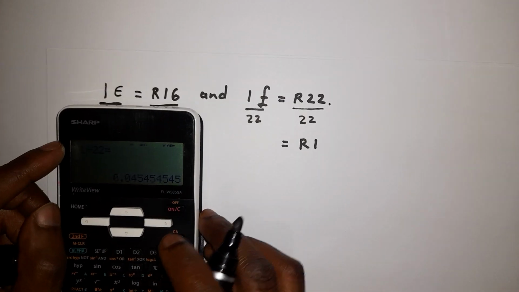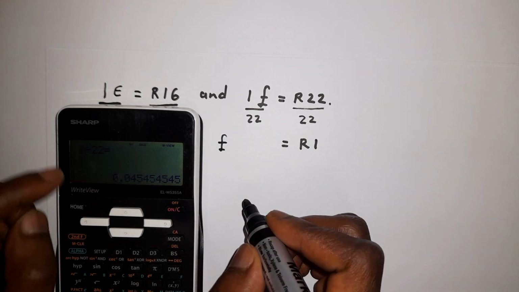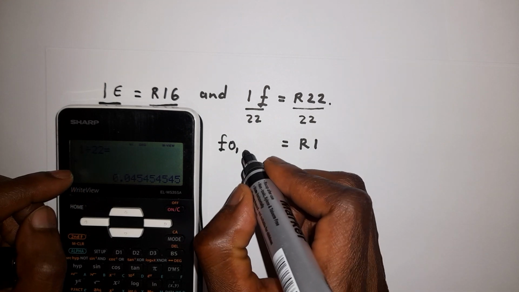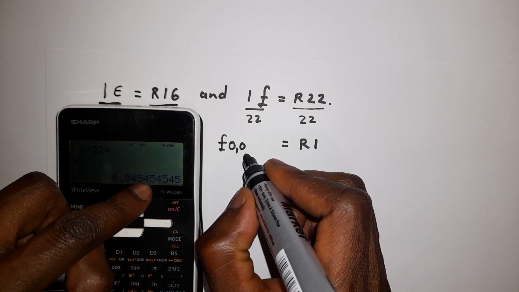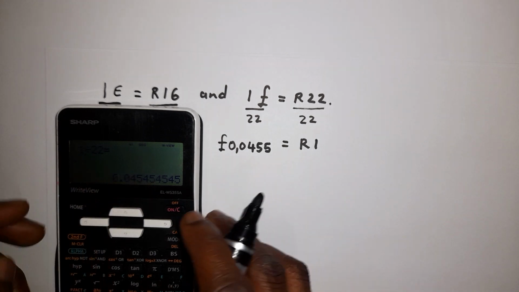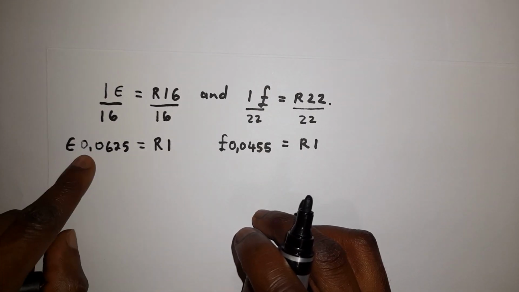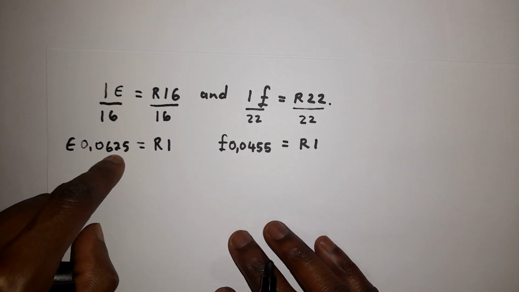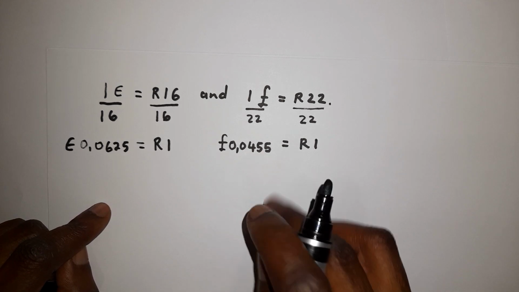Right, so we'll have 0.0455. So what does this mean? It simply means that a rand in euros is 0.0625 and a rand in pounds is 0.0455.